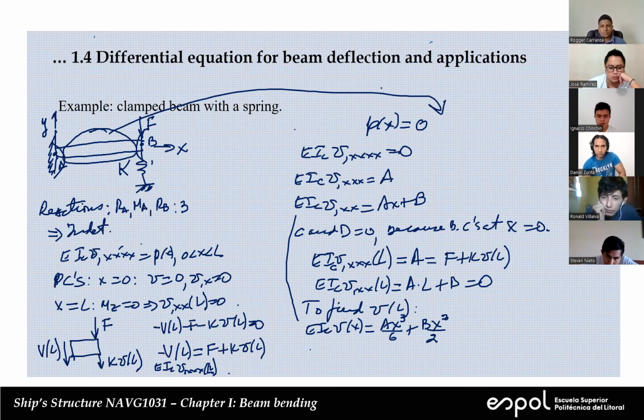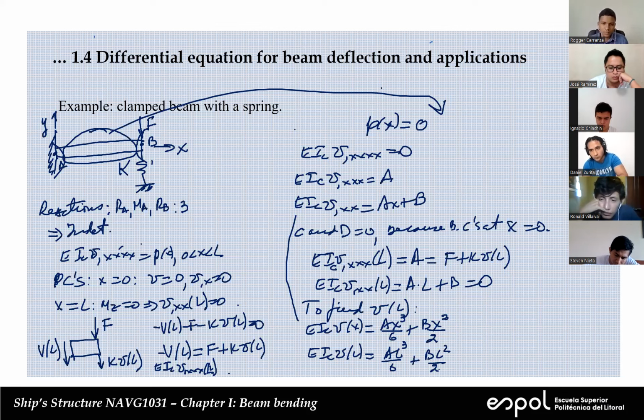So we can say that EI sub C V at L is equal to A L cubed over 6 plus B L squared over 2, so V at L is going to be 1 over EI sub C times that.